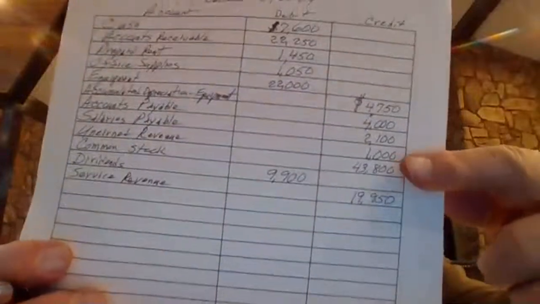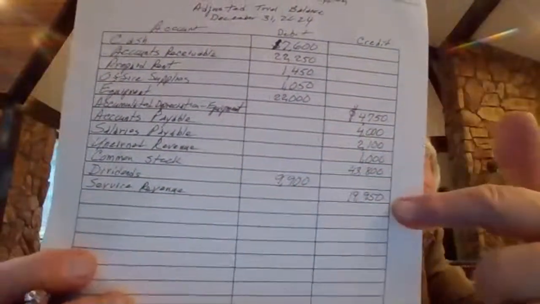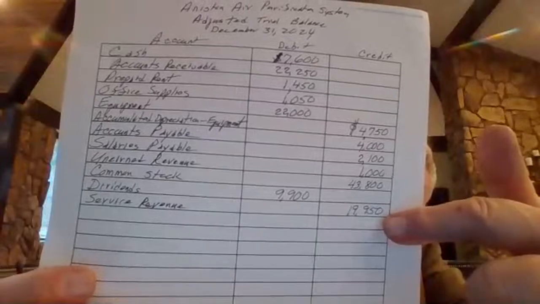Dividends, contra equity. So it's a debit balance, $9,900. Service revenue, revenue account. We go back to the credit column. $19,950. And there's the common stock right here. There's the dividends. Then back to the credit column for the service revenue. Now we'll list our expense accounts.